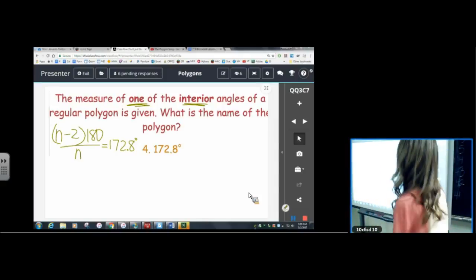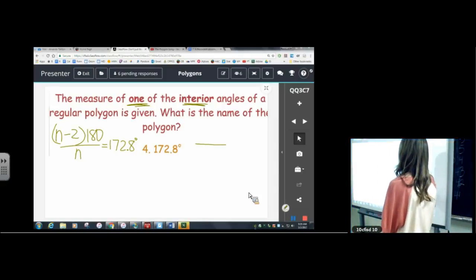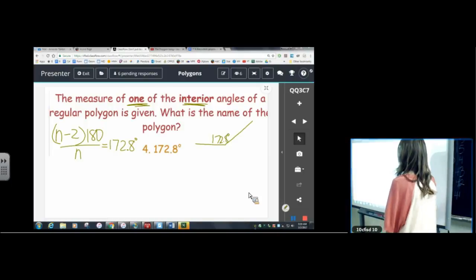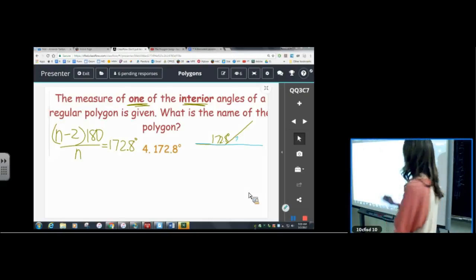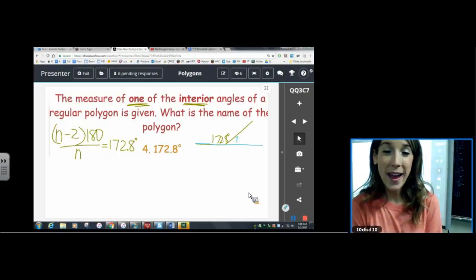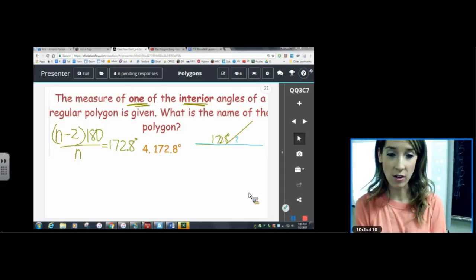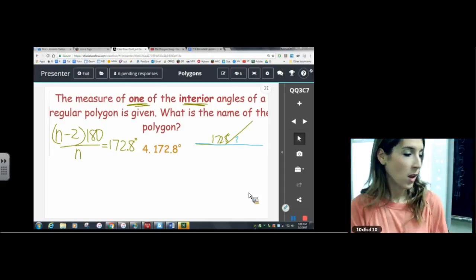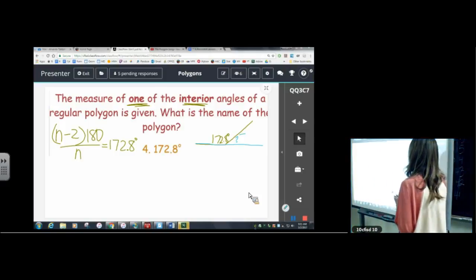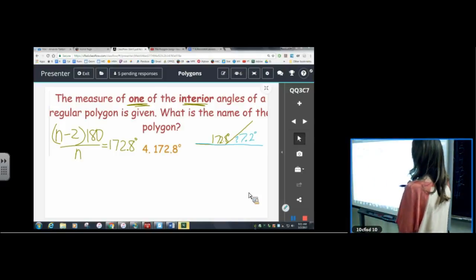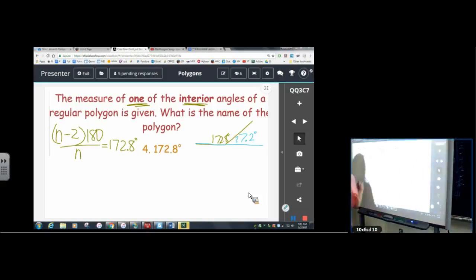So what I want you to do is be savvy. If this angle is 172.8, what is its linear pair? What is its exterior angle? If you can find its exterior angle, it's tiny, it's weird, then you can use this formula.